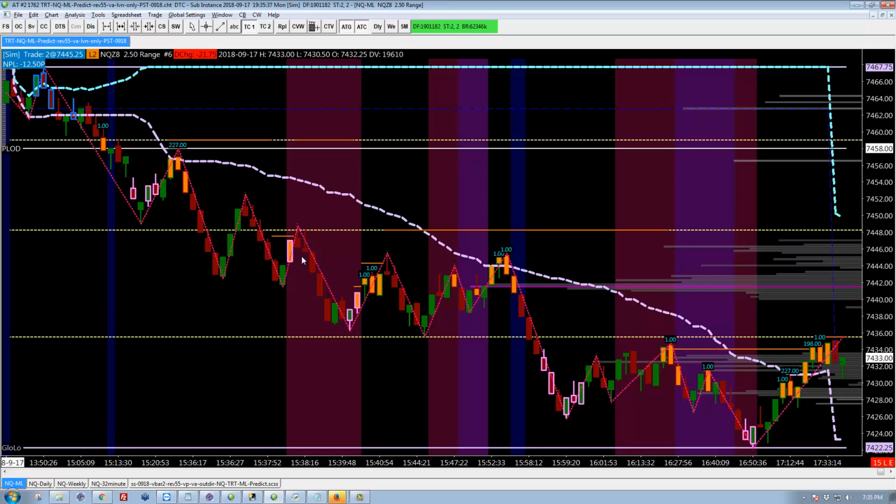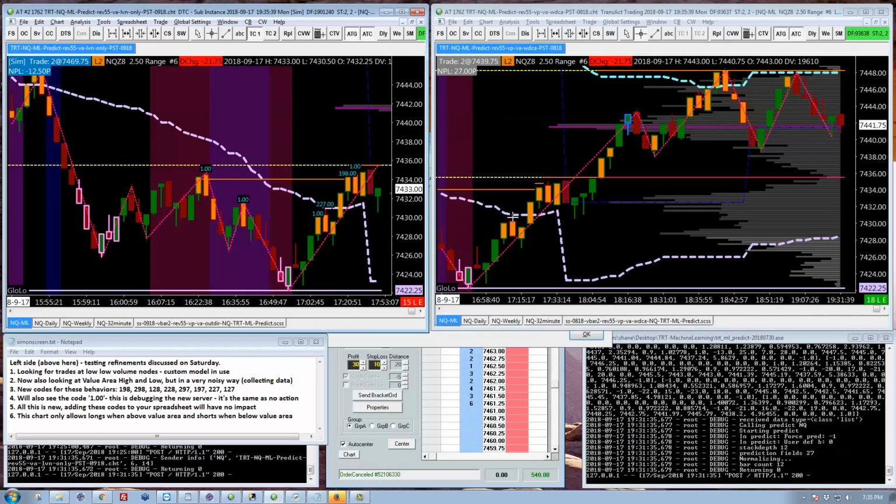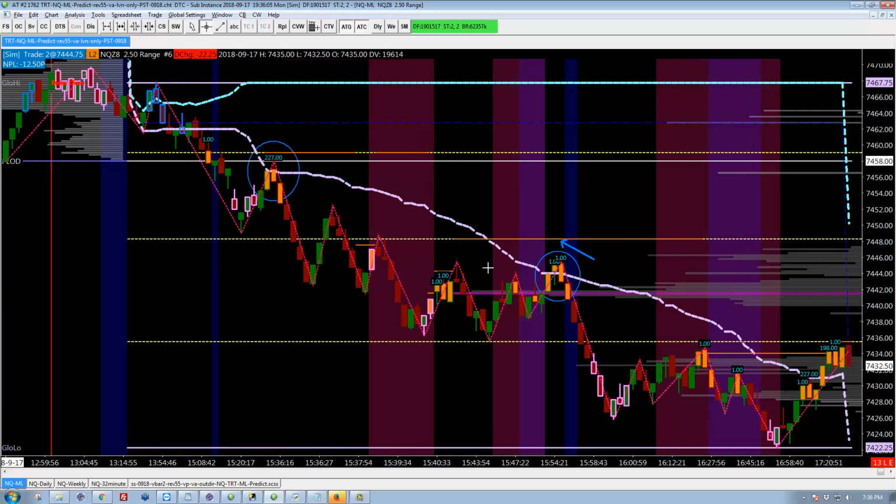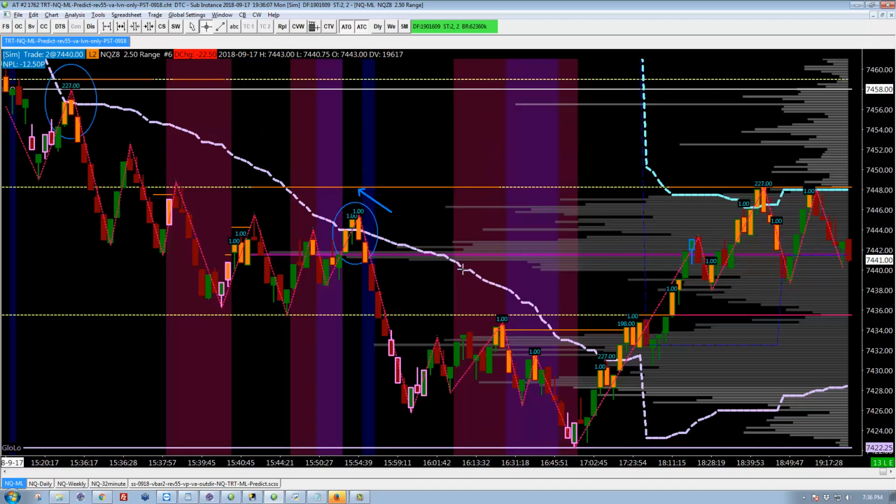It's simpler than in the production charts that we're using. The question was, is it too simple or not? The answer is not clear yet, though it did extremely well last week. And then this week I've added similar simplified behaviors at the value area edges, so here and here. Actually, in this case, these bars here are close enough to that low volume node that it's basically the same in that particular instance.